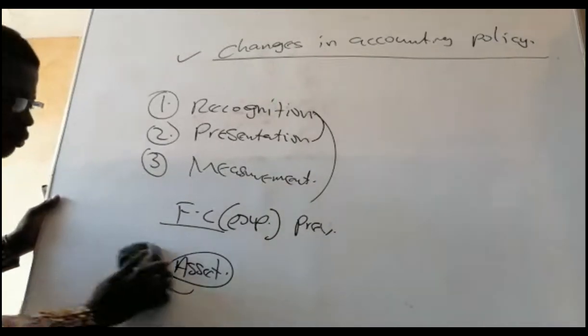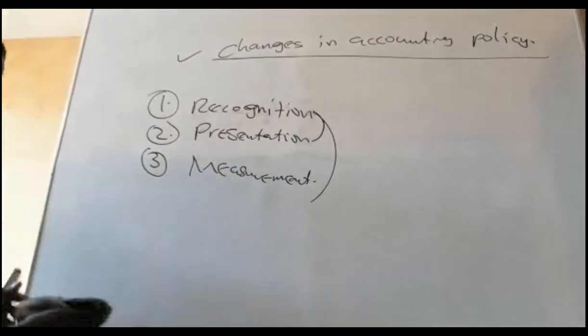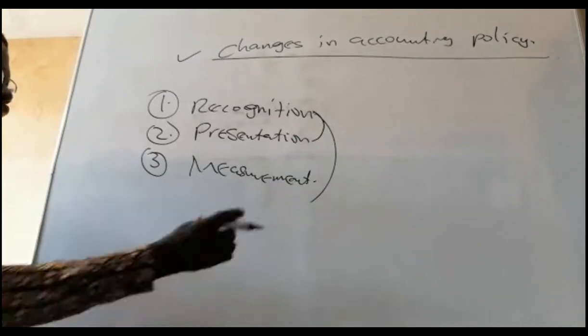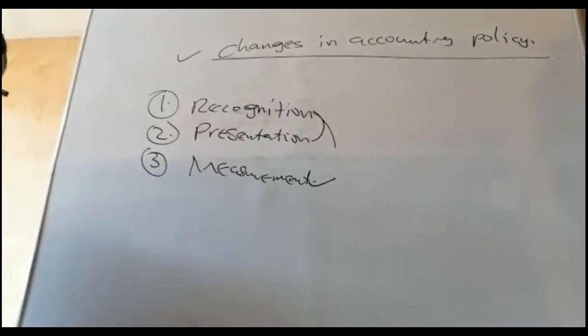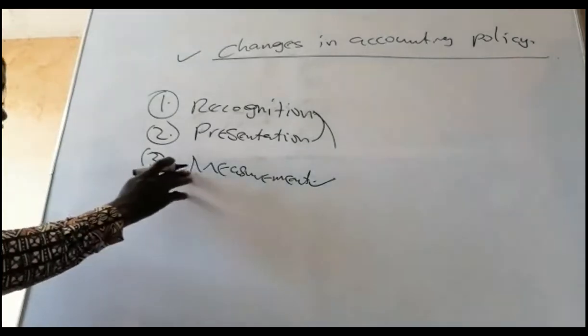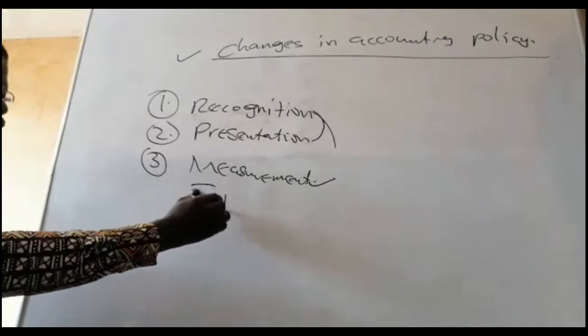Now let's see. The last one talks about measurements. Measurement was estimating the value of the transaction and event. How to determine the value of the transaction and event. Good. Now with this, let's take inventory. The measurement of inventory, the cost formulas. Formerly, you were using what? FIFO.